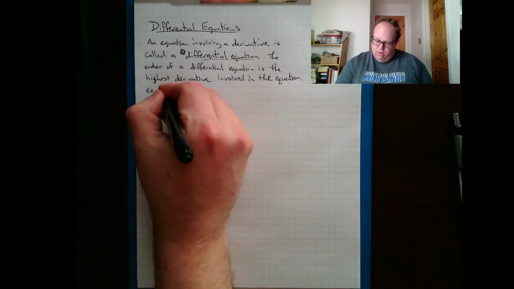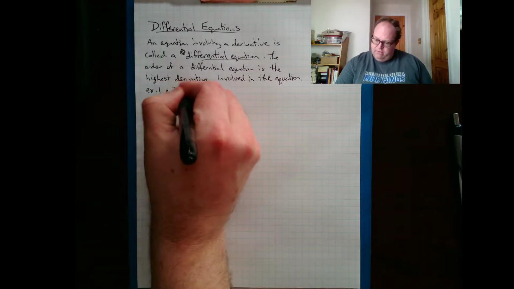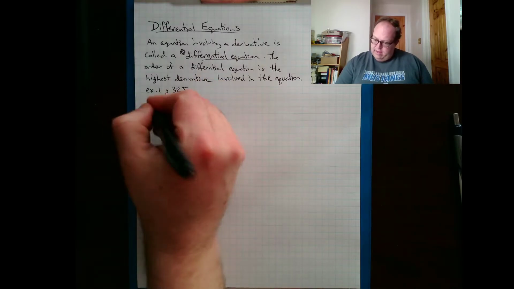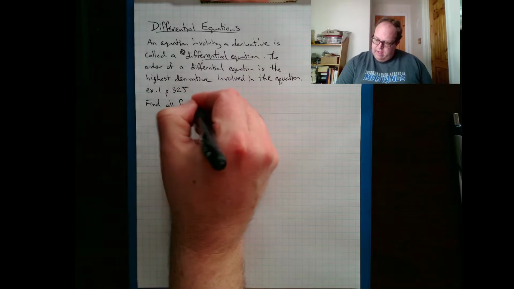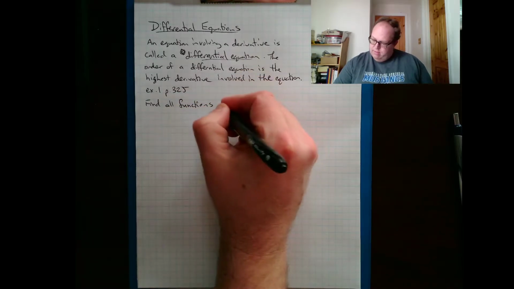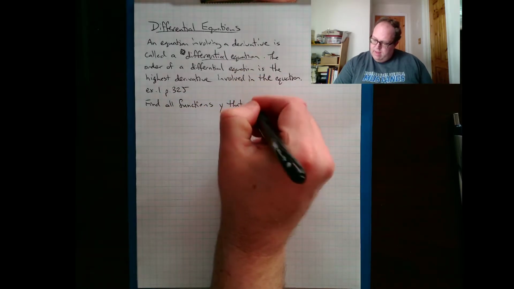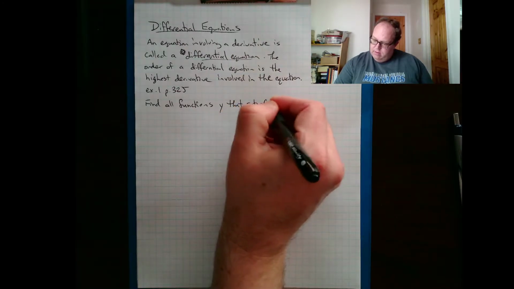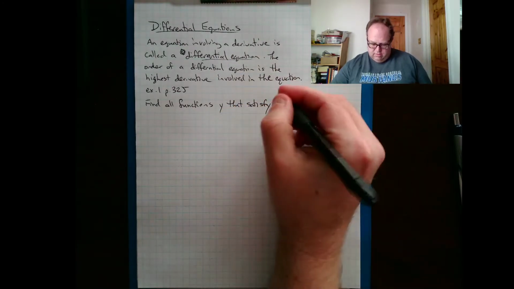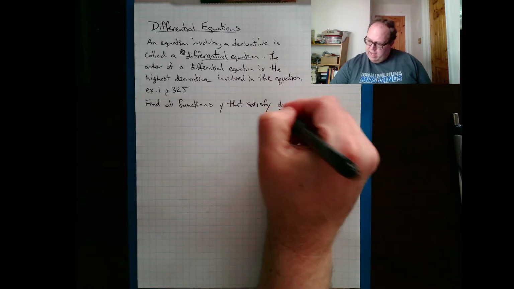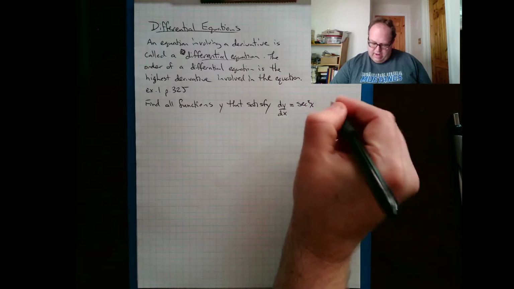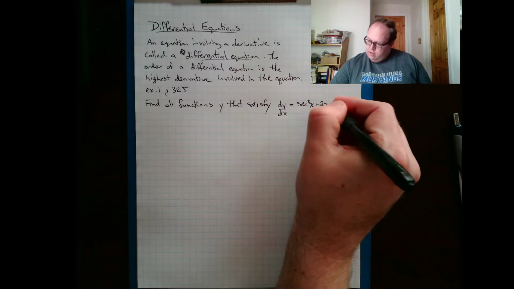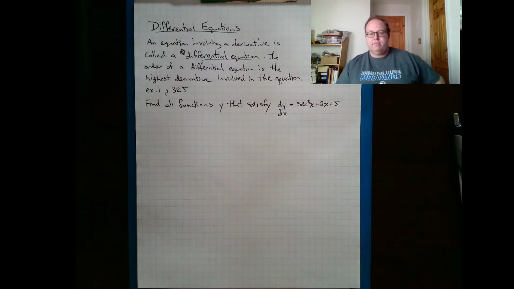This is example 1 of page 325, and we're asked to find all functions y that satisfy the differential equation dy dx equals secant squared x plus 2x plus 5.